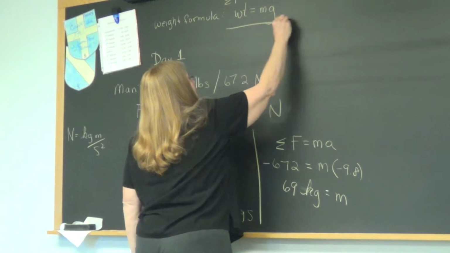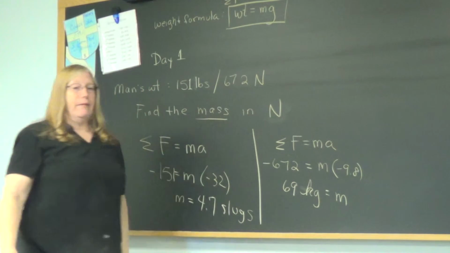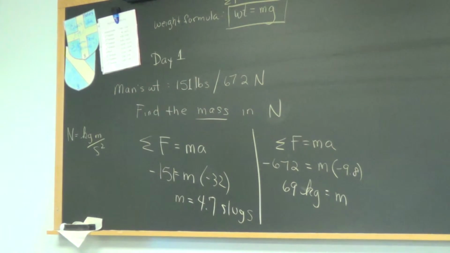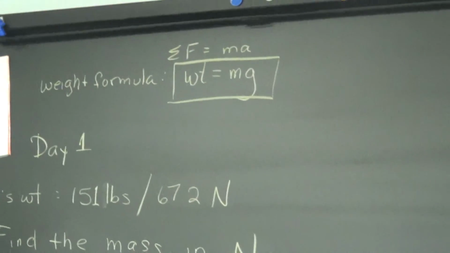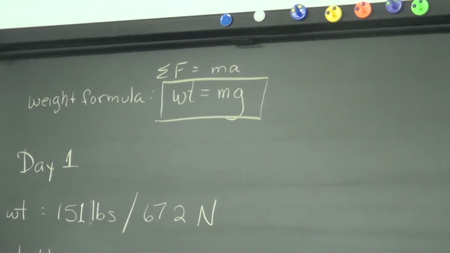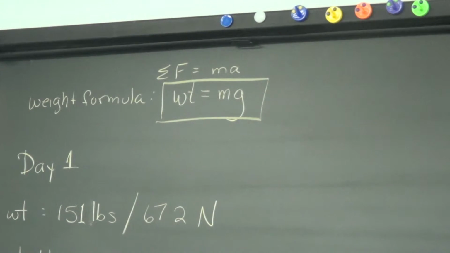So this is the weight formula, and it comes right from Newton's second law. You can see that's what we did here. We used weight, we used mass, and we used the acceleration due to gravity. So we were able to talk it through without that formula, but now that we've done it, we'll use that formula.